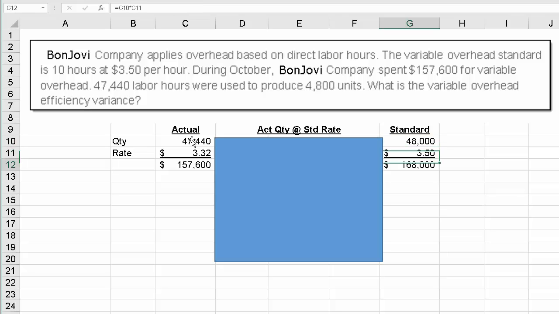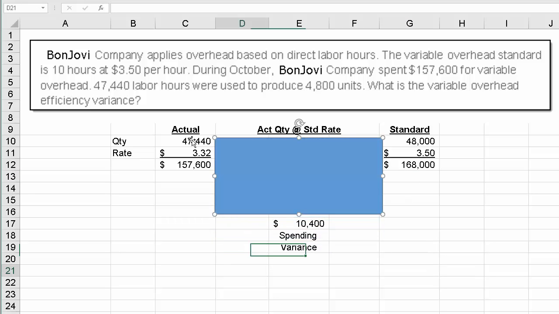Once I have that information, I can multiply the quantity times the rate and come up with 168,000 as the standard. Now, with those two pieces of information, I can compute the total variable overhead spending variance just by comparing the 157.6 to 168. And it's favorable, by the way, because the standard is higher than the actual. I probably should put a little F there so that we know it's favorable.